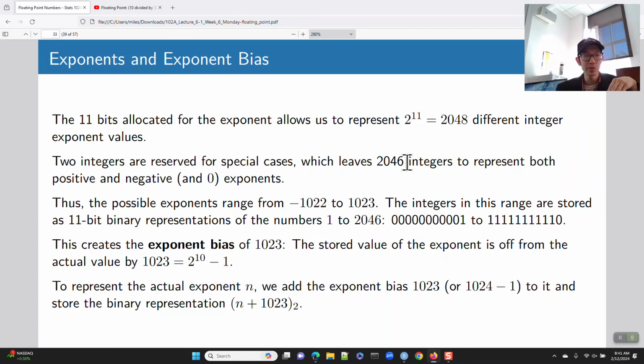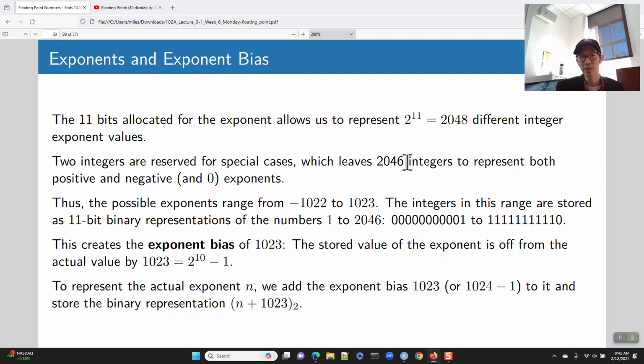And so we're going to say half of those will be positive, 1023. One will be a 0, and then the others will be negative. So we can represent exponents as small as negative 1022 to as high as positive 1023.